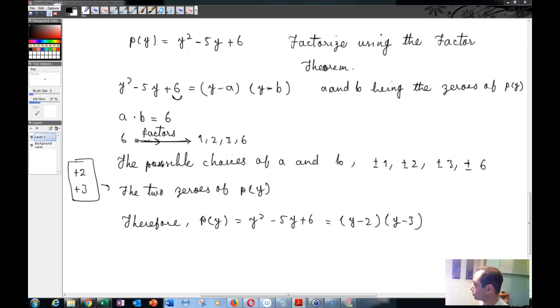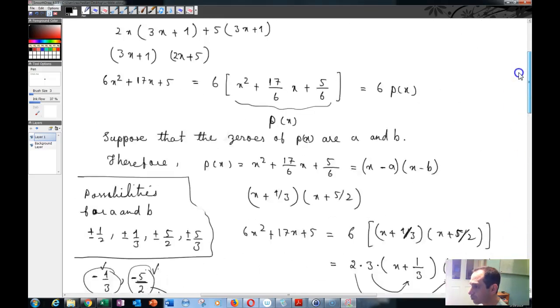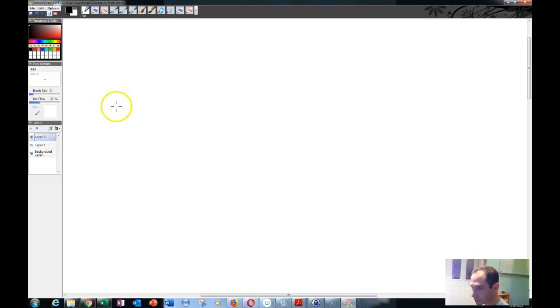Now about third degree polynomials, or cubic polynomials, it's not really more complicated in any way, but splitting the middle term is not going to be possible, because the polynomial will have more parts and you cannot actually split.